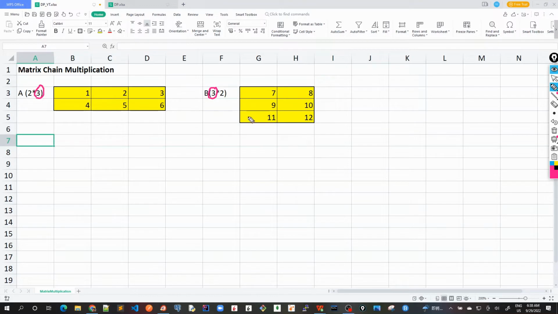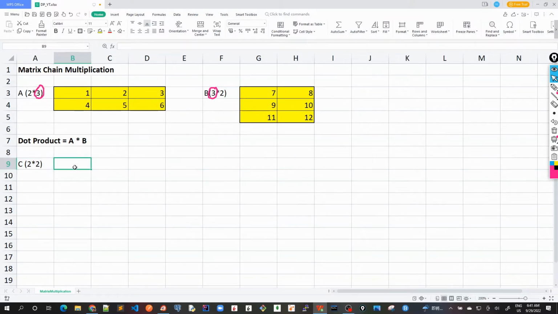The reason for this is clear if we try to multiply. Let's write the formula for the multiplication. If I want to do a dot product of A multiplied by B, suppose I want the final product to be denoted as C. The dimensions of it would be the number of rows in matrix A and the number of columns in matrix B. That's why I have written 2 by 2. The 3 is the common term which has been removed, and this is the product.